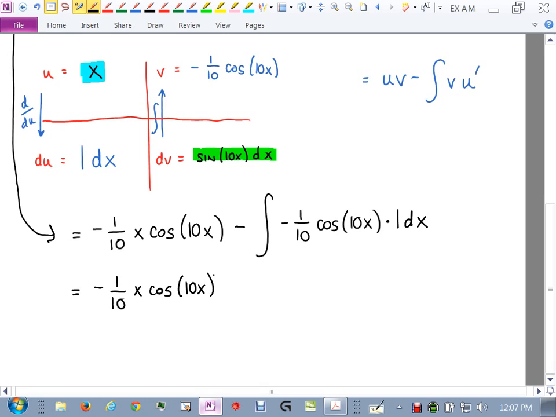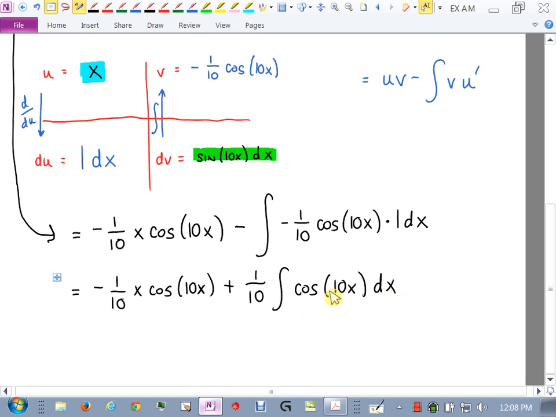I'm just going to pull out the negative 1/10. And when I have negative and negative, this should become plus, right? So plus 1/10 integral cosine 10x dx.